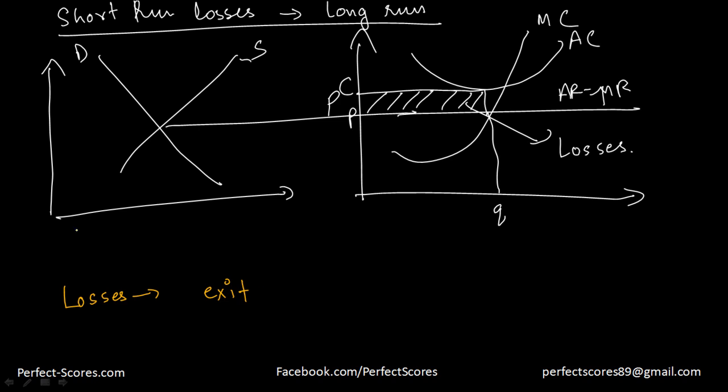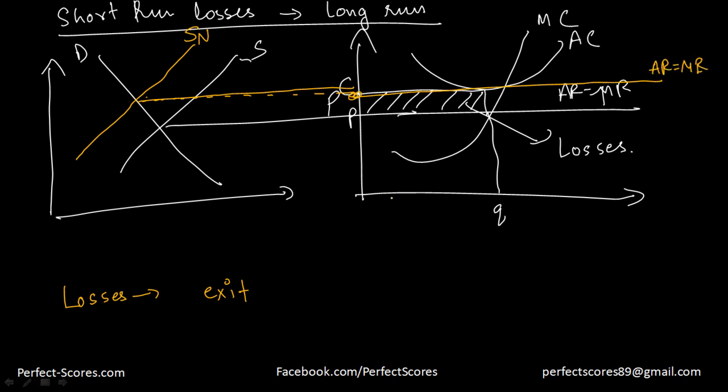Since the firms are going to exit the industry, the supply is going to reduce, and it's going to reduce till the new price equals the cost again. So this is the new supply curve, and now this becomes the new average revenue equal to the marginal revenue curve.